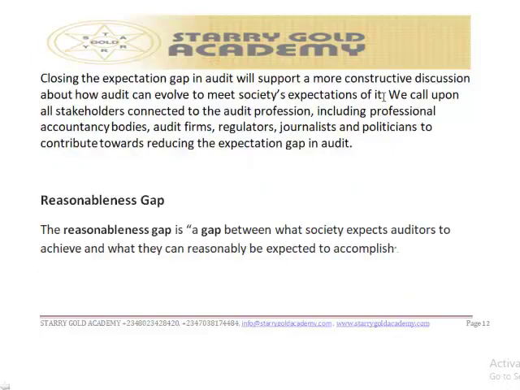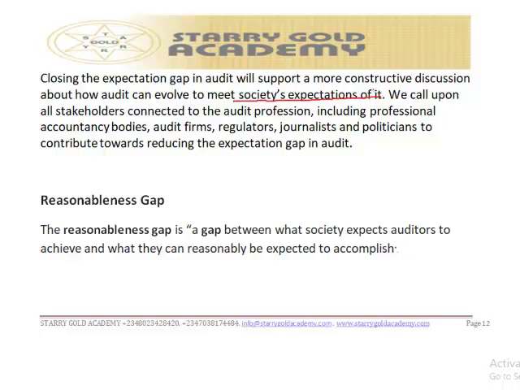Now, closing the expectation gap in audit will support a more constructive discussion about how audits can evolve to meet society's expectation of it. If we want to close this expectation gap, then we have to engage ourselves in some constructive discussion on how we can actually meet society's expectation of the audit. And as such, you will discover that some gaps will not actually exist.